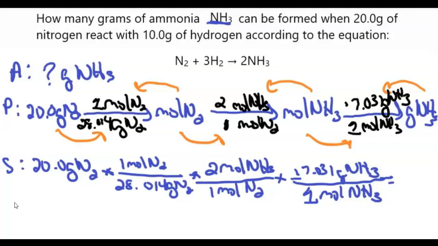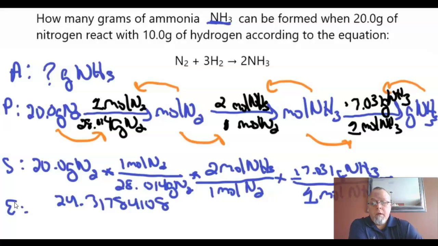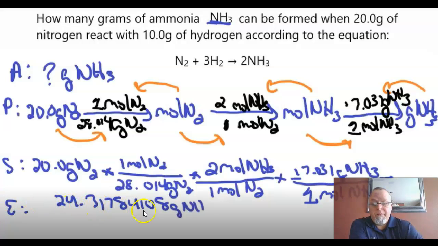So then we just multiply it out from here. This is just basic math. Multiply the numerators, divide by the denominators, and we get a really long number. That's how many grams, but obviously we're not significant to this many decimal places, so we have to go up here. How many significant figures do we have here?